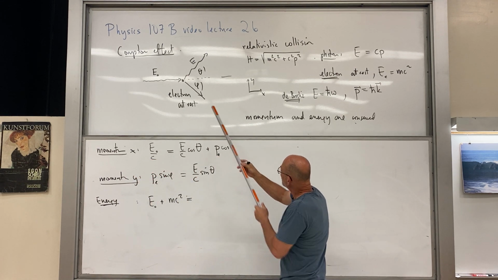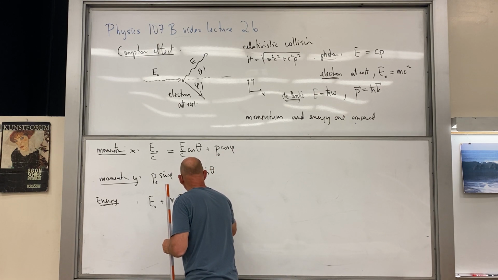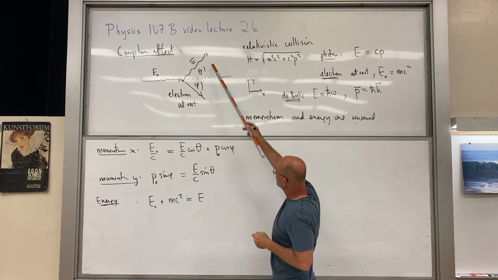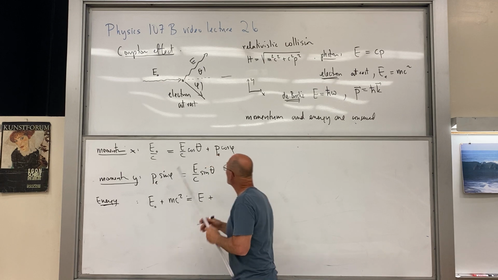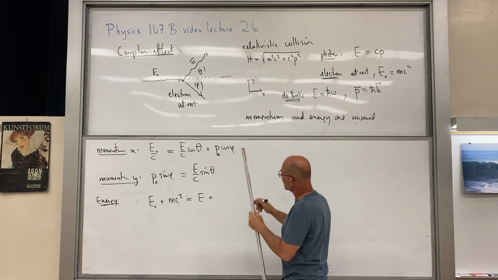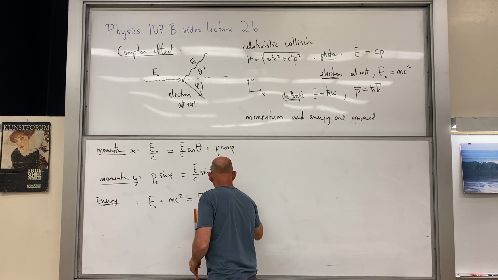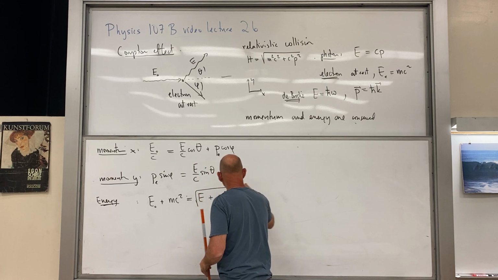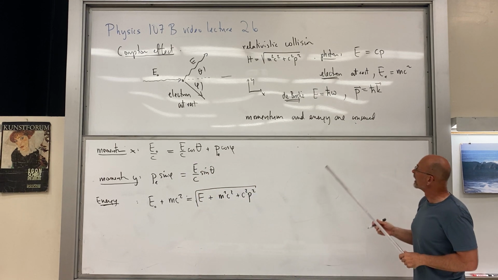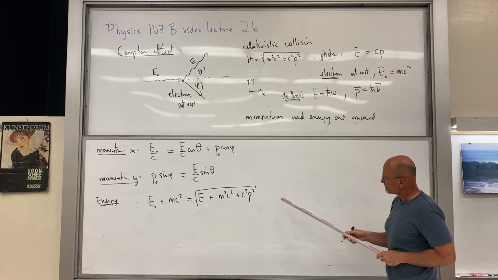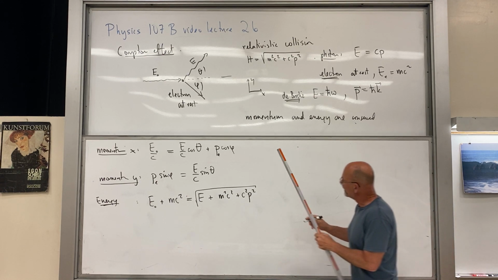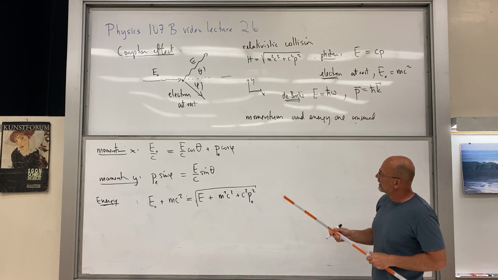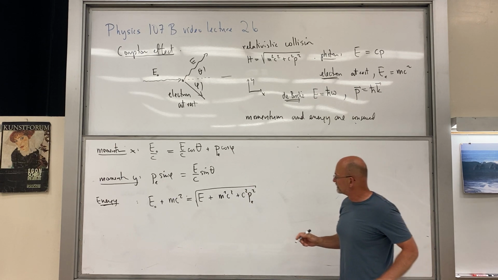After the collision, we have the E of the scattered photon, but we also have the energy of the scattered electron, which is the square root of m squared c to the fourth plus c squared p squared. So we have just some algebraic operations to do. What we want to do is eliminate this, the p of the electron.